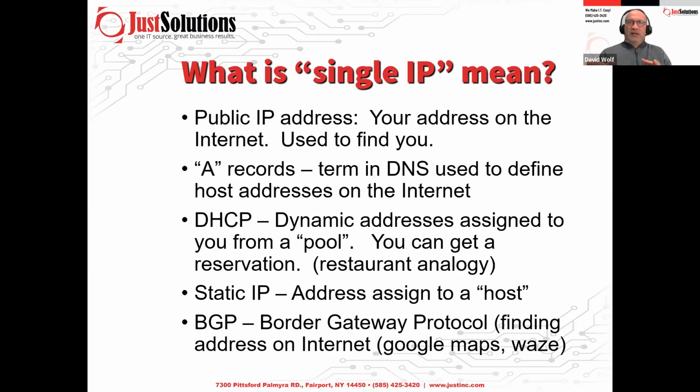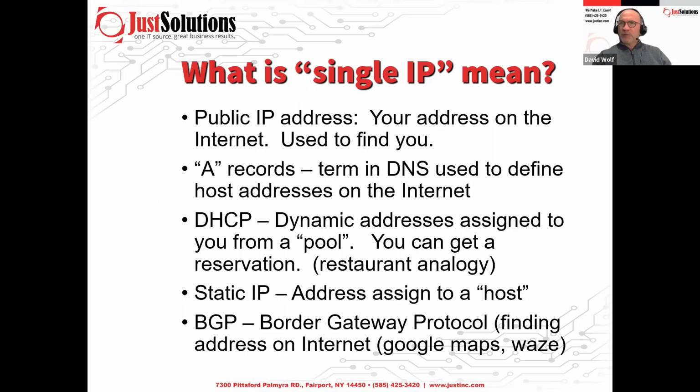They really figured out how to solve this and create a better solution by having a single IP for your company that then can go to whatever internet connection you have. Again, eliminating the BGP protocol. They do that all behind the scenes. You don't have to think about it, worry about it, manage it, any of that stuff. And they've made it really as simple as signing up for a service and deploying it.